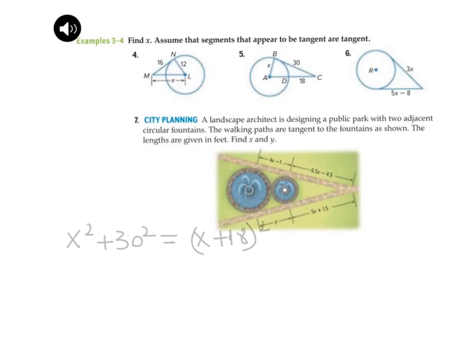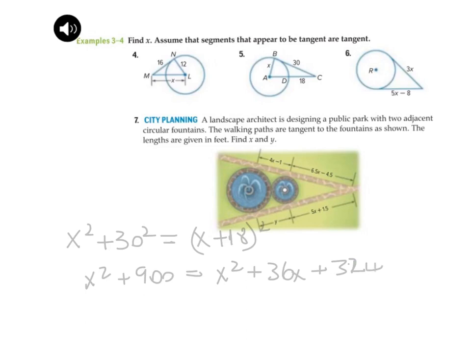Remember what I said a few minutes ago: square it, double it, square it. So you've got x squared plus 900 is equal to, square it is x squared, double it is 36x, and 18 squared is 324.